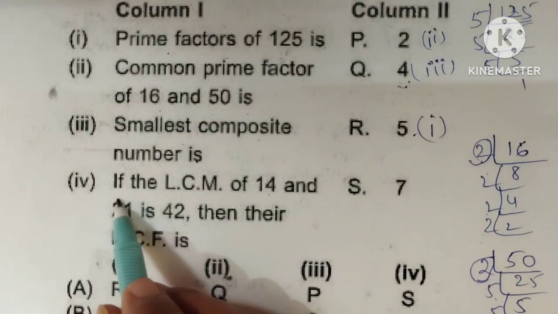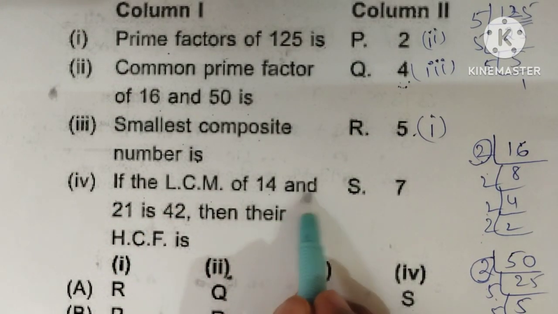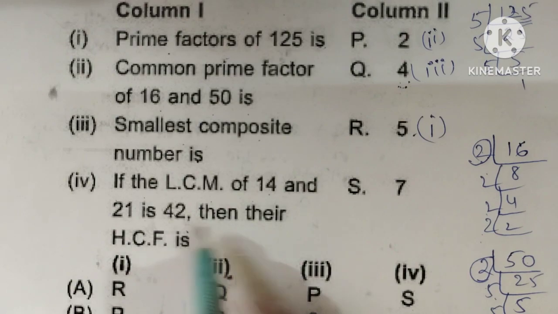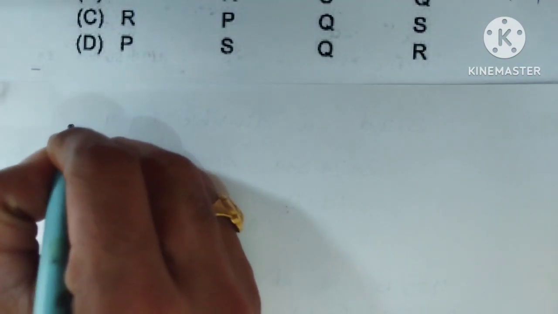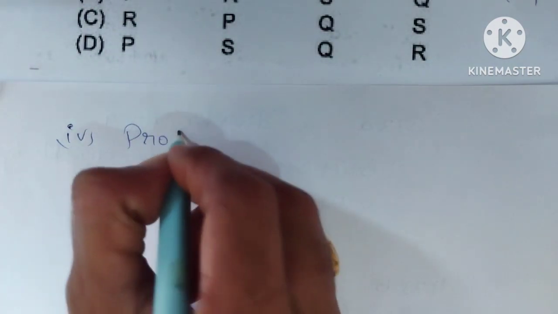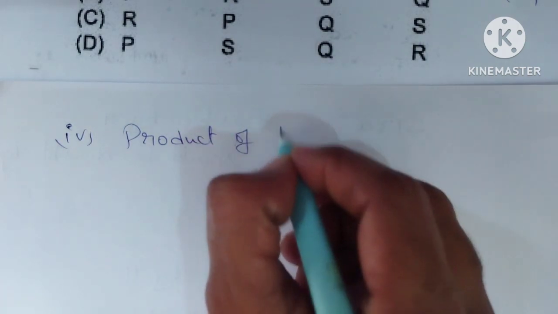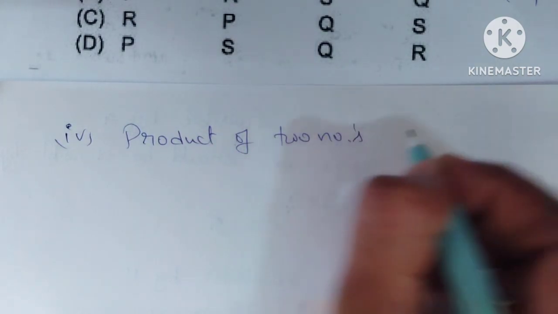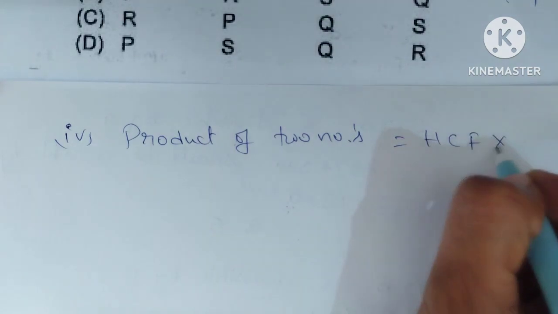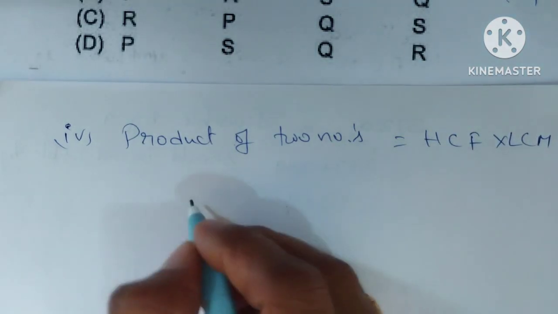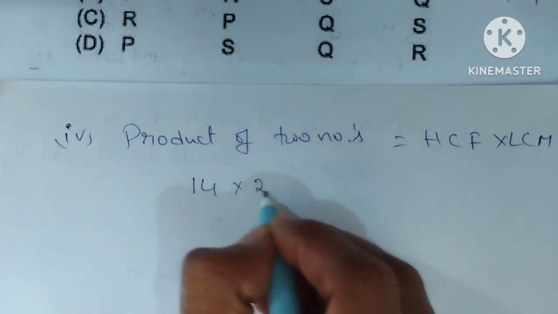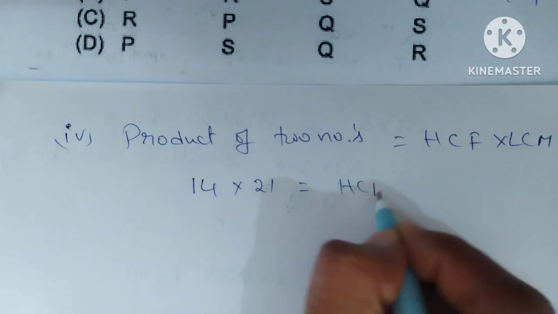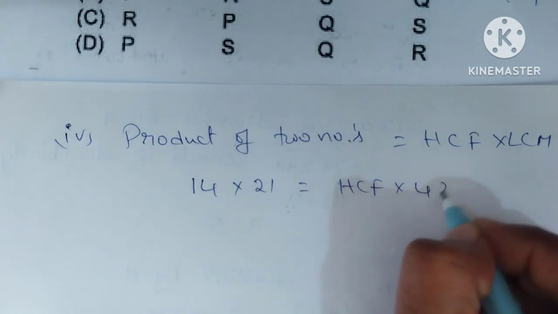And the fourth question: if the LCM of 14 and 21 is 42, then their HCF is. For the fourth one, the product of two numbers is equal to HCF into LCM. So here 14 is one number and 21 is another number, and HCF into LCM is also given, which is 42.